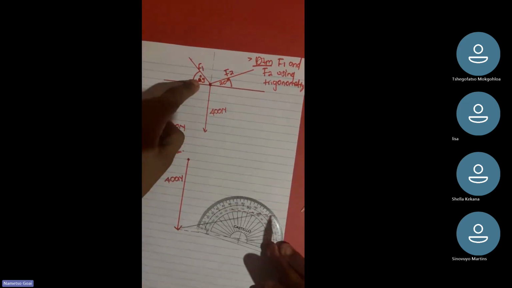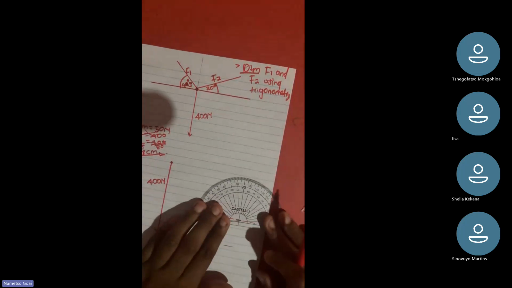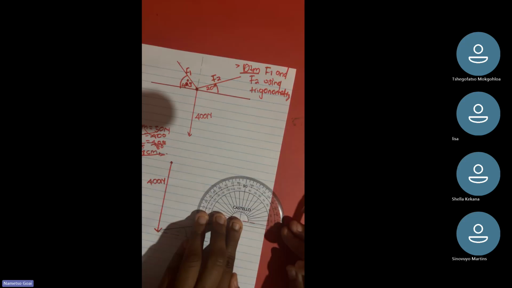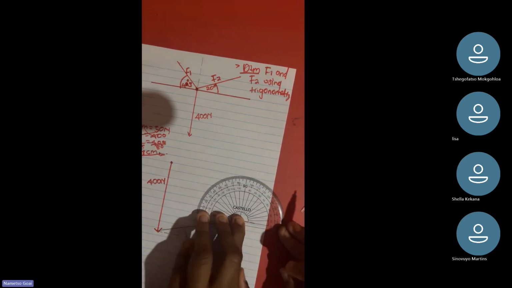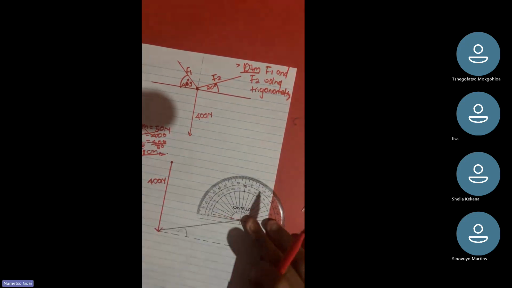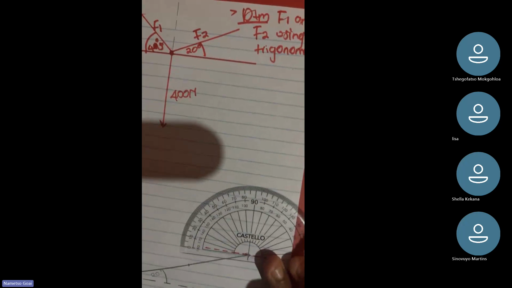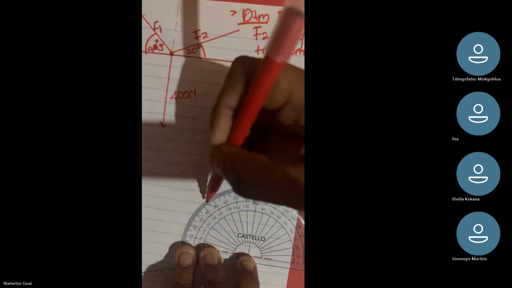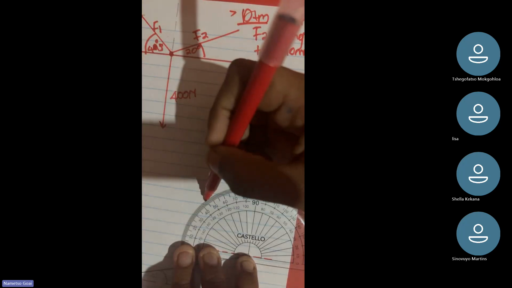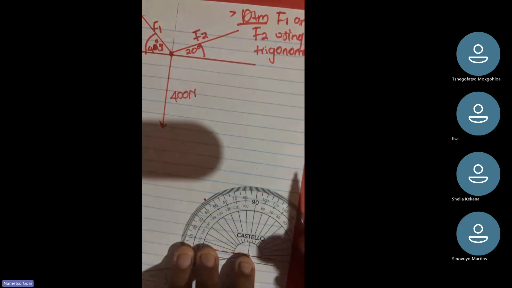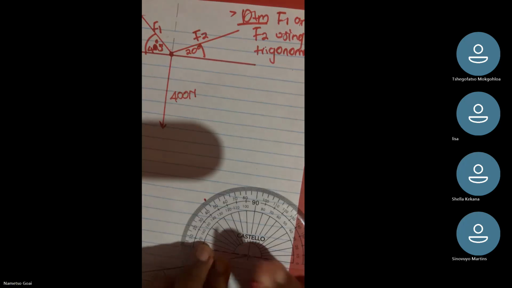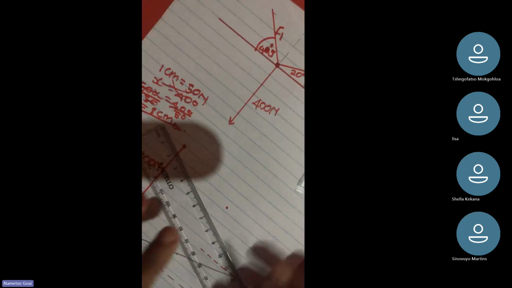Again, they said this is 45 degrees, so make it as accurate as you can to 45 degrees. This part over here would be 45 degrees relative to the x-axis. Then you connect these two parts.